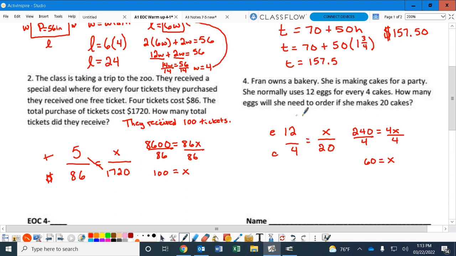If you have to write a sentence, it's how many eggs she will need? 60 eggs for 20 cakes. Okay, it just depends on what kind of question it is. If all you can do is put the number in there, 60, then that's all you can do.